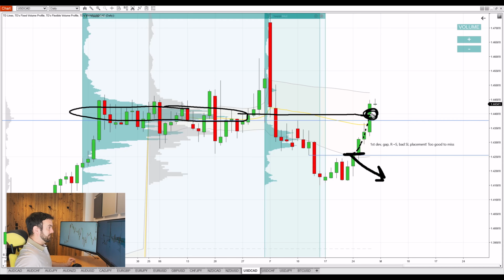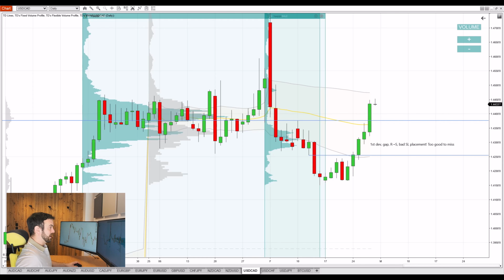But if you ask me now, I would still say that this was a good trade. I would enter again. There's never a perfect trade, there's always some risk. In this case, the risk was that the price would want to test the point of control, and this is what eventually happened.